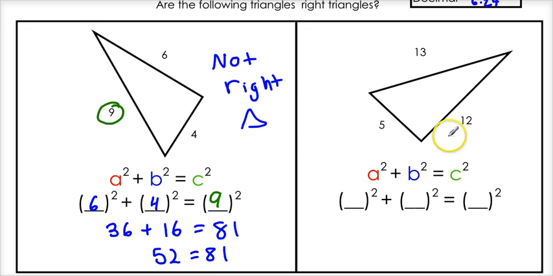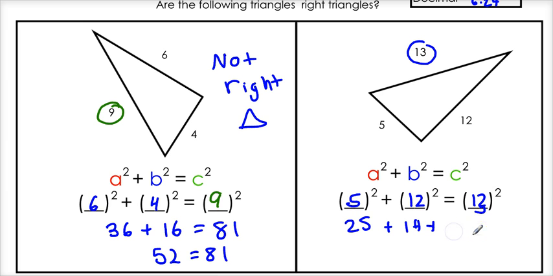Well, let's try this one right here. The longest side here is 13, so we'll put that in for our hypotenuse, and we get 5 and 12 for our legs. All right. 5 squared is 25. 12 squared is 144.